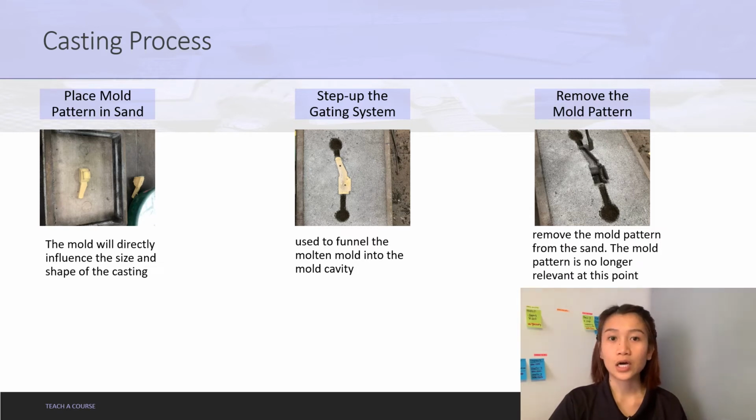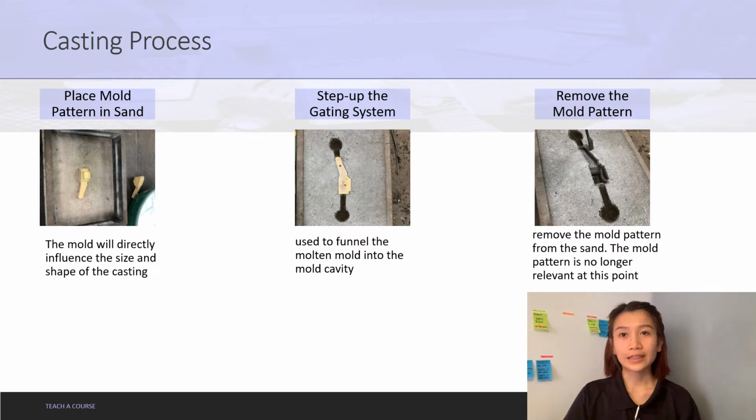The second step is setting up the gating system for the mold cavity. The gating system is used to funnel the molten metal into the mold cavity during pouring.